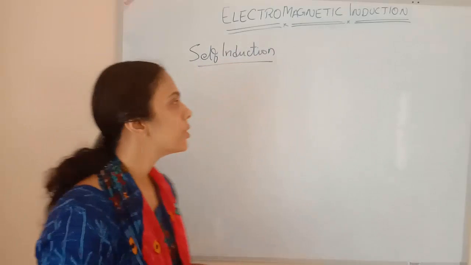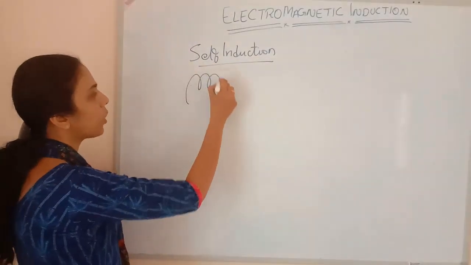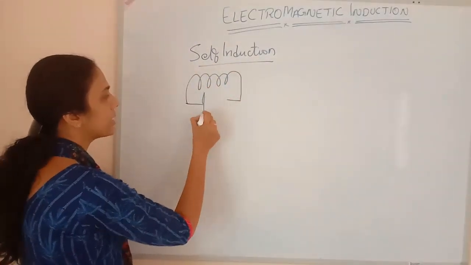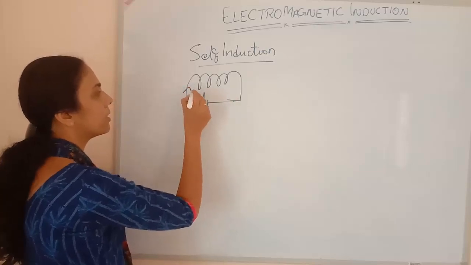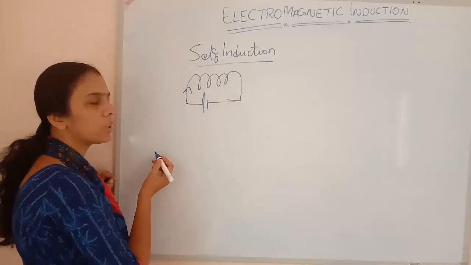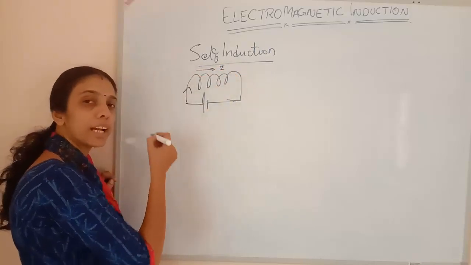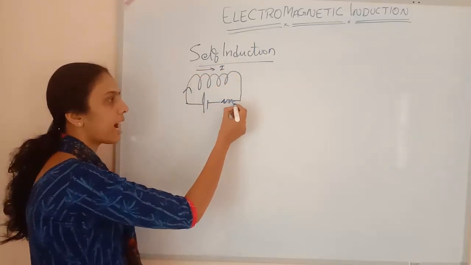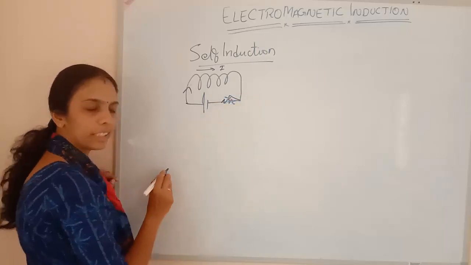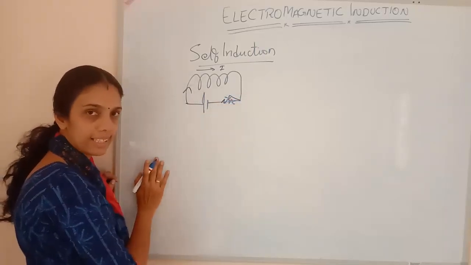Clear? If this is the coil and current is flowing through the coil in this direction, what will happen if we try to increase the current? I am using a rheostat and trying to increase the current.